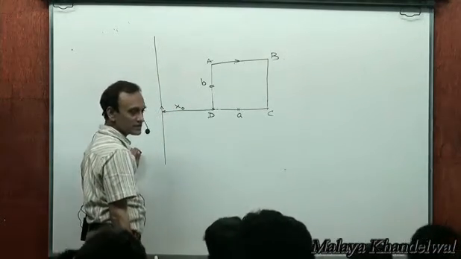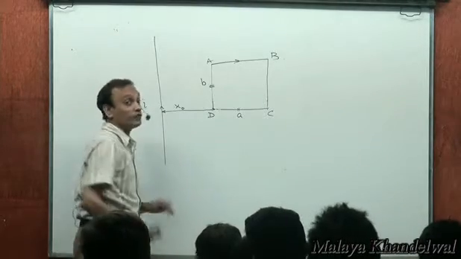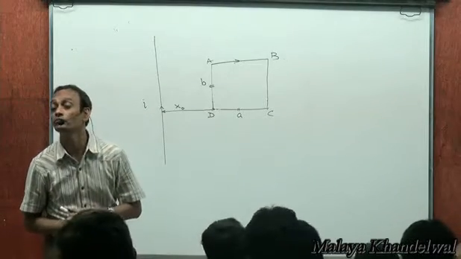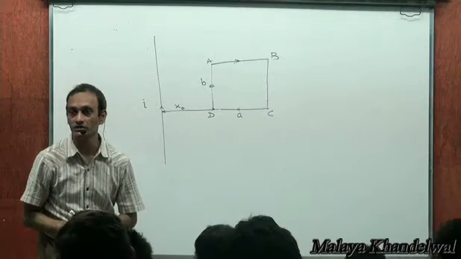This nearer end is at a distance X naught units. This is a loop, and for this pair I want to calculate M, the coefficient of mutual inductance.